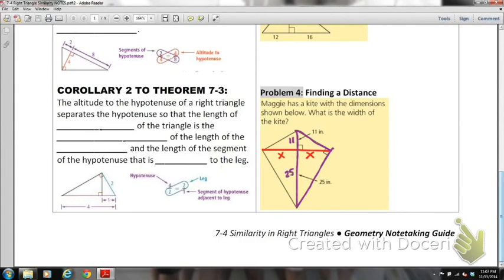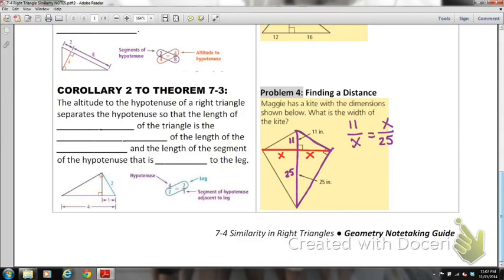So just looking at the purple triangle, x, the length of the altitude, is going to be the geometric mean between the two segments that it divides the hypotenuse into, the 11 and the 25.